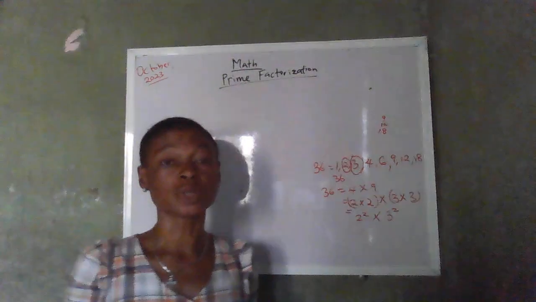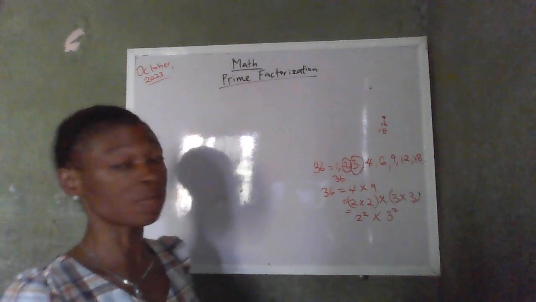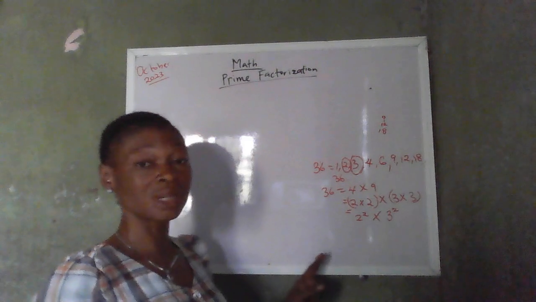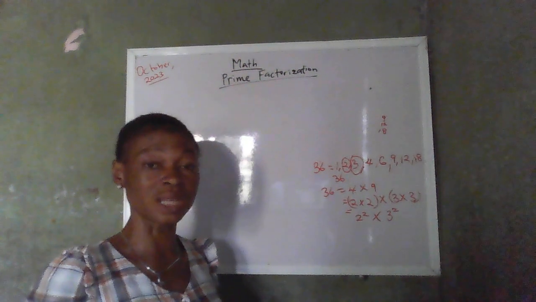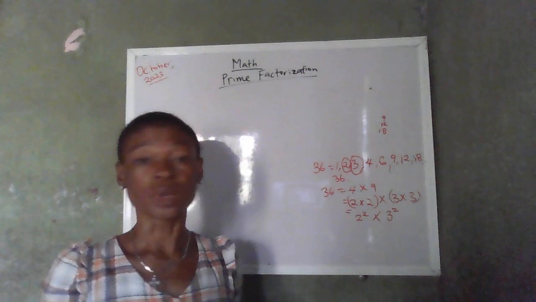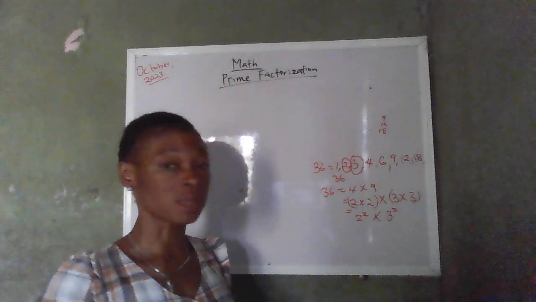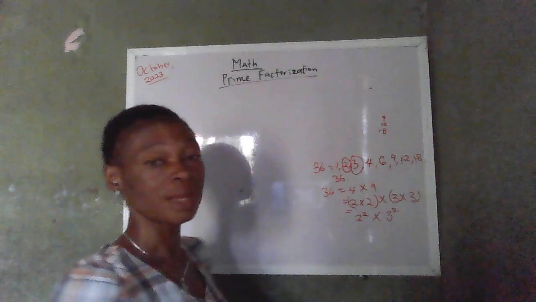So for today's lesson, like I mentioned earlier, we are still expressing given numbers as a product of their prime factors in index form. However, we are going through the division method. Now, still using 36.